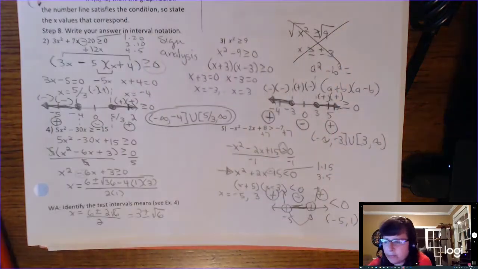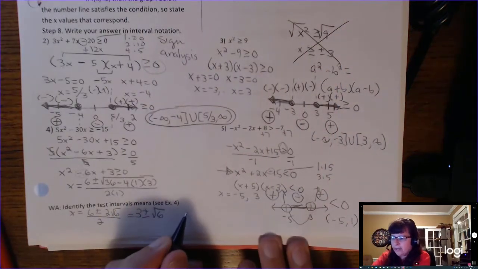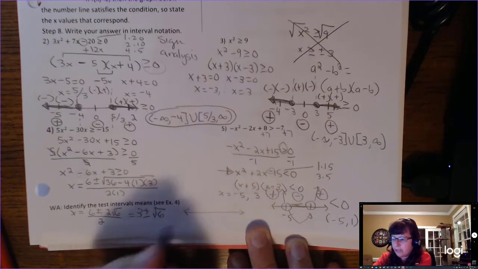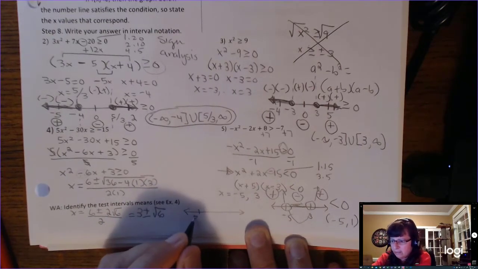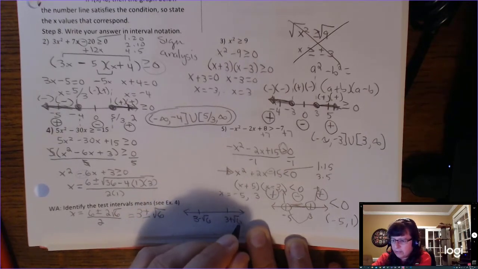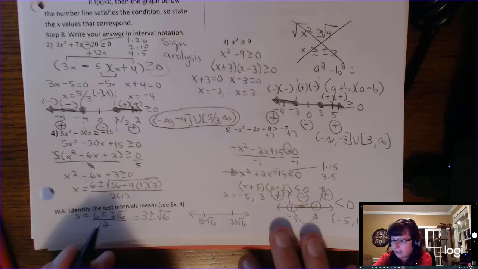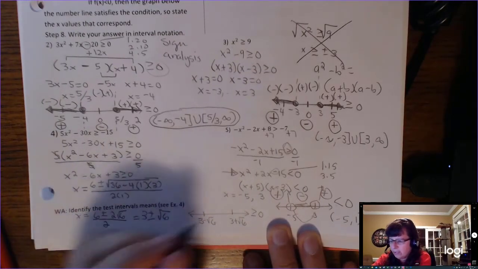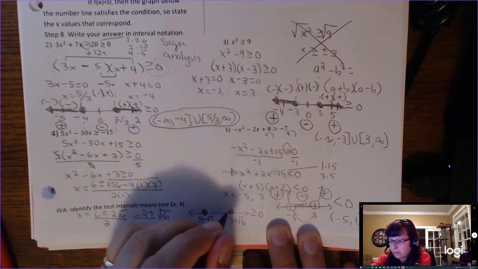So they're just numbers. I'm not going to write out the decimals because I don't want the decimals. This is not a word problem. I want exact answers. But I know that 3 minus the square root of 6 is on the left and 3 plus the square root of 6 is on the right. And I'm analyzing greater than or equal to 0. So I'm going to color in these circles.